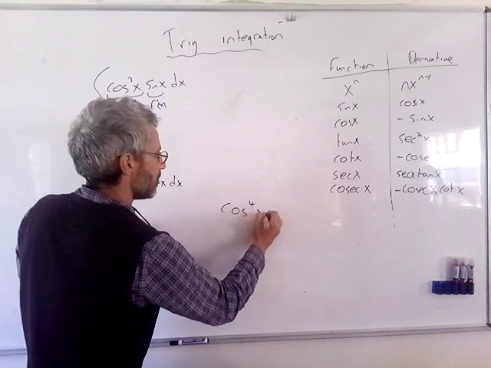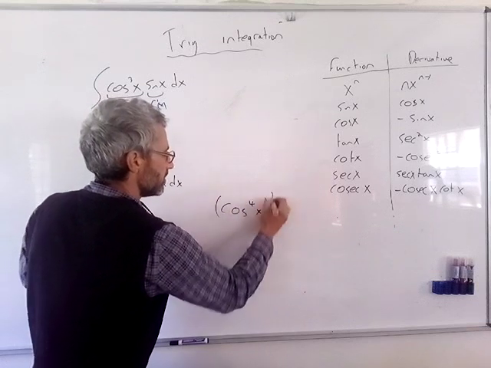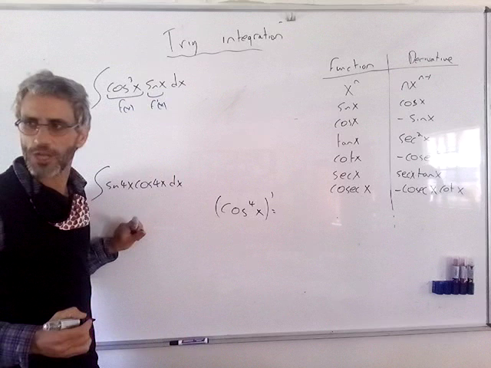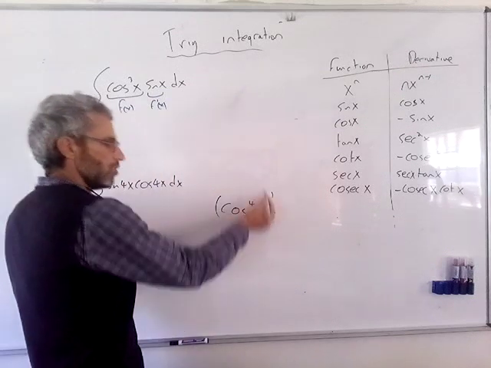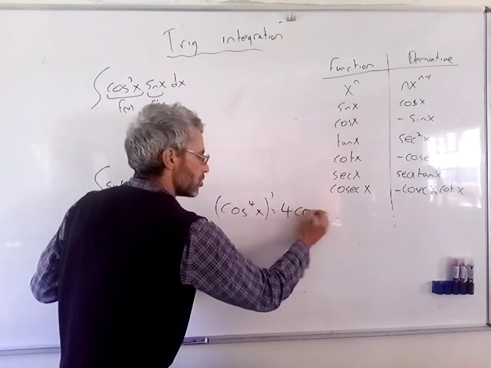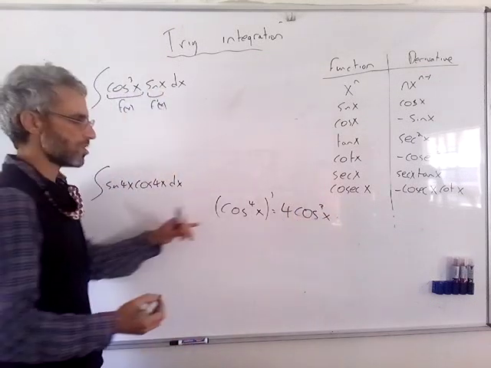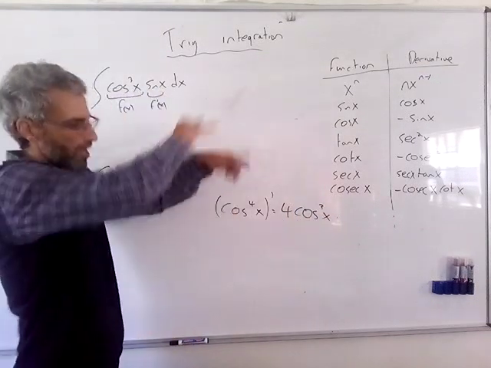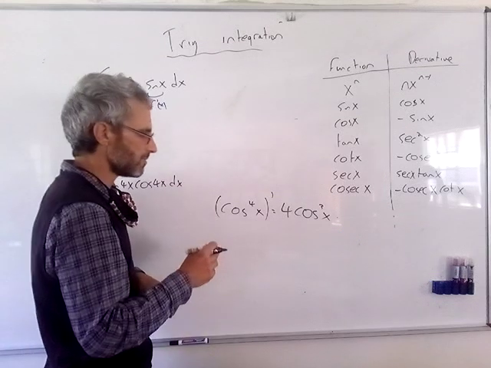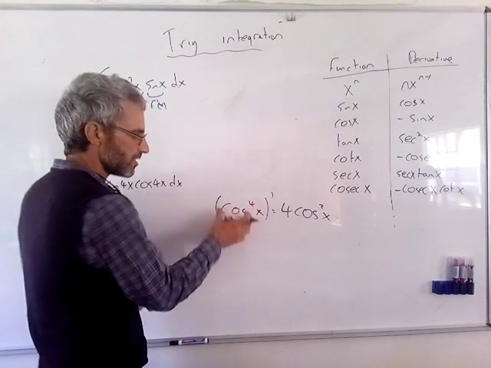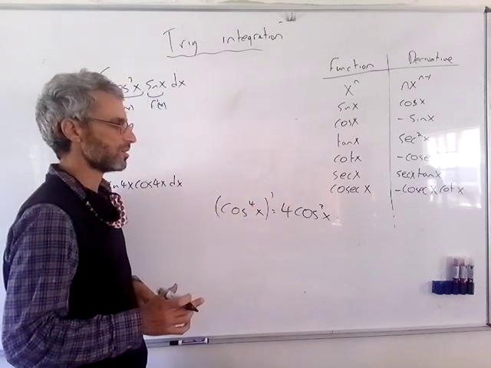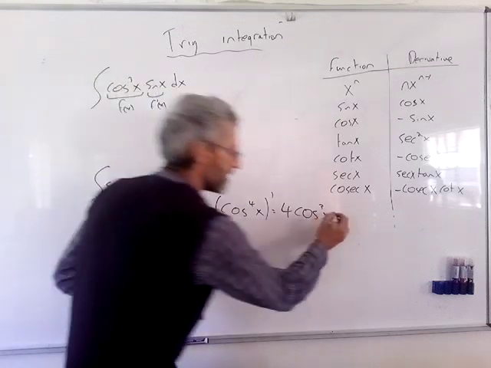The derivative of cosine to the power 4 x, using the chain rule, will be 4 times cosine to the power 3 x, so we did the power 4 times the derivative of cosine x, which is sine x almost.